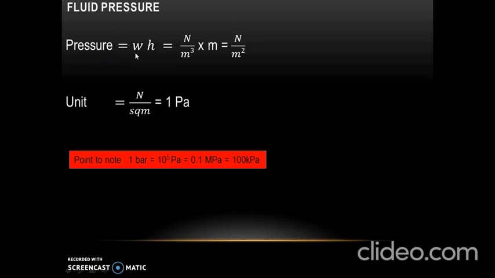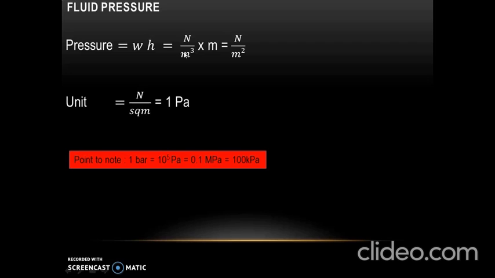Pressure is given as P is equal to W into H. Unit of W is Newton per cubic meter, which is nothing but the specific weight, and H is meter, that is pressure head.